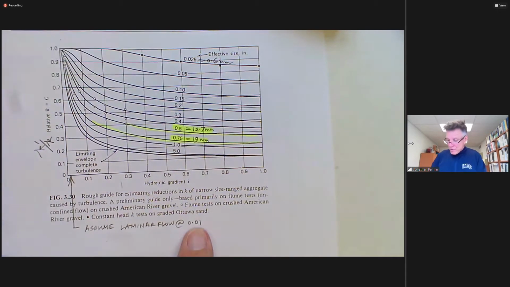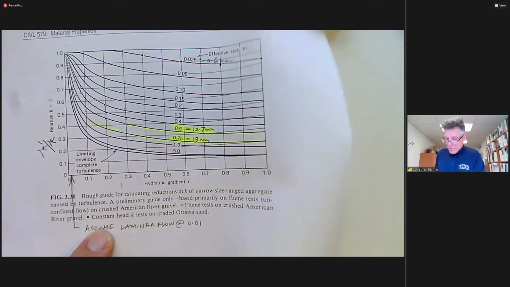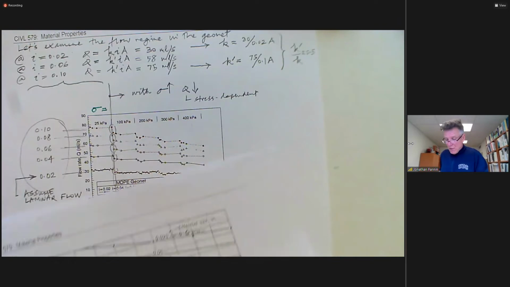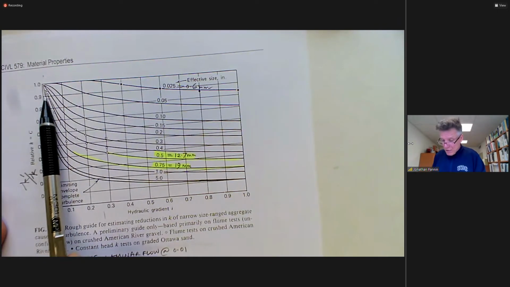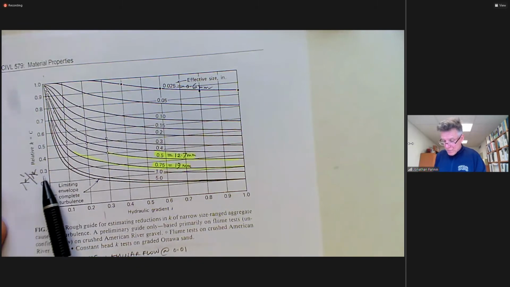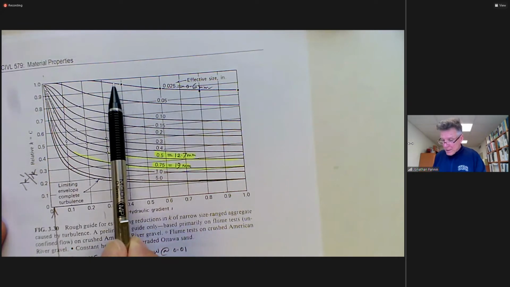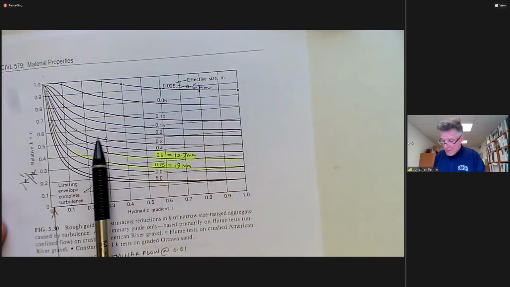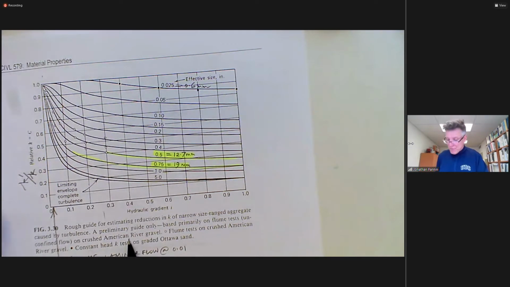That was the lowest gradient that Cedergren's data had imposed. The lowest gradient that we have for the GeoNet data are 0.02. But Cedergren did exactly the same thing. He looked at the relative reduction, the relative K, and the data are plotted here. Look, I think that's the Ottawa sand, and then the 0.3, 0.4, and 0.5 inches are the crushed American river gravel.